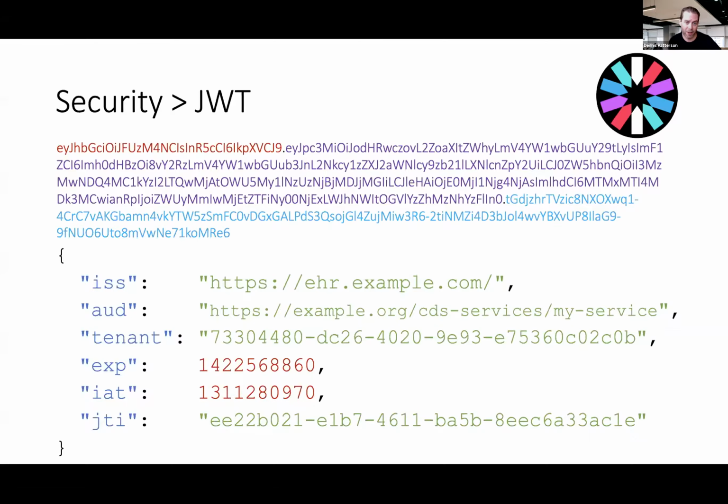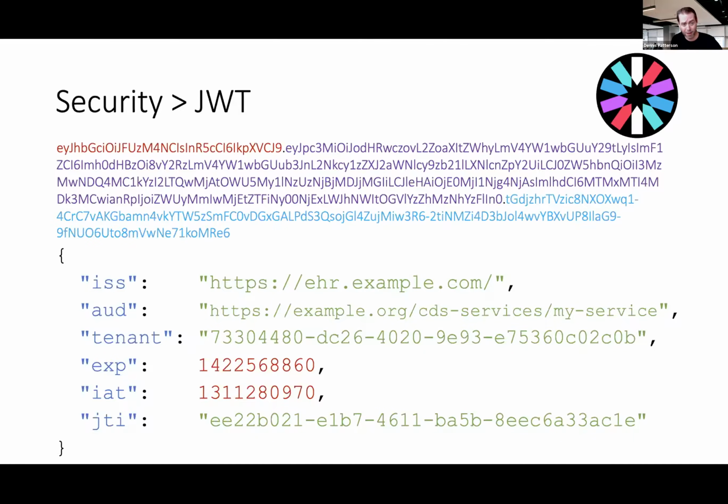So let's look at that JWT token, the authorization header that would be passed to a CDS service. If you're not familiar with JWT tokens, there's a brief little overview here. It looks something like this. It's an encoded, not encrypted token. So you could go out to jwt.io, paste this in, and it would decode it for you and help you see the contents. And it consists of 3 separate parts, which are somewhat color-coded if you can make that out.